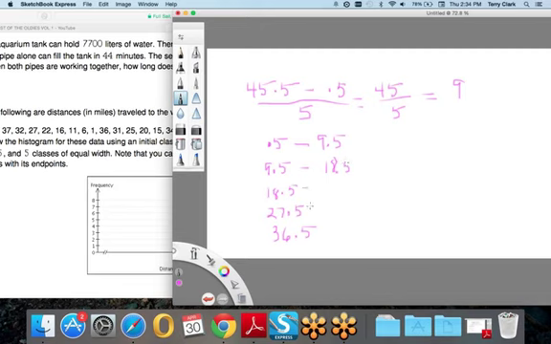Then I look at the beginning of the next class to know this is 27.5, and the next one is 36.5. On the last one, I can't cheat because I don't have another class, but I can add 9 to it, and that's going to give me 45.5.